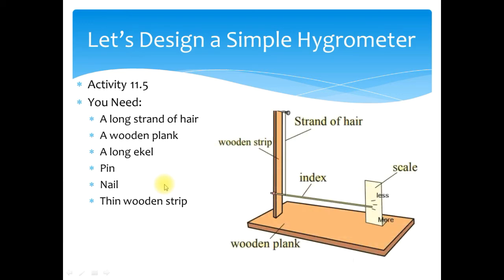First, fix the wooden strip on the wooden plank as shown in the figure. Then, fix the nail at the upper end of the thin wooden strip and fix the needle on the thin wooden strip with the help of a pin.